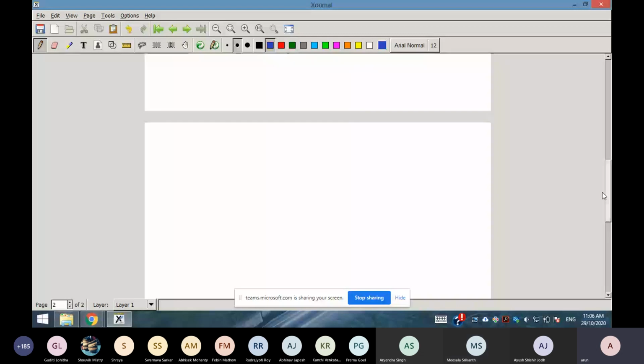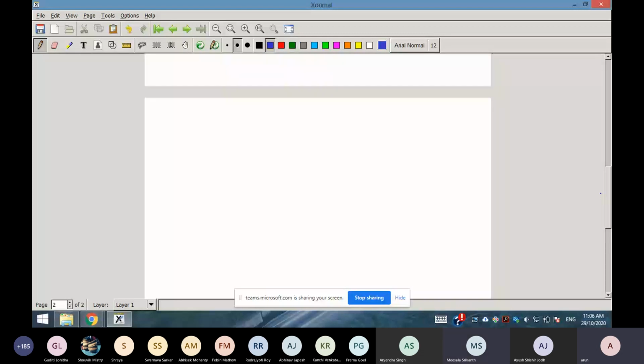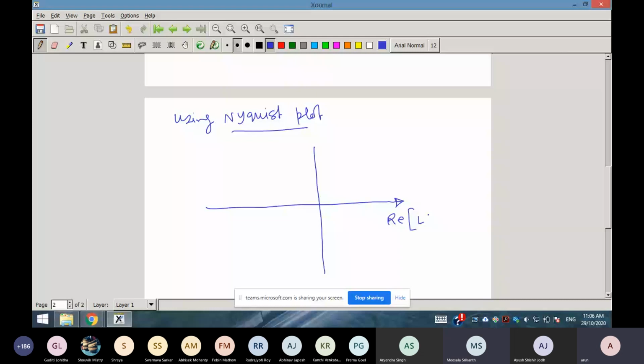So this axis is the real of L j omega, and this side is the imaginary of L j omega.